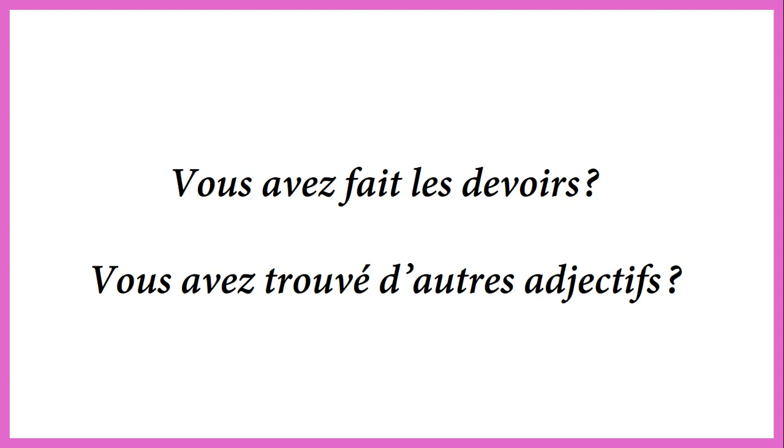I had also invited you to look up a couple of adjectives just to be able to make more and more sentences in French. So a quick reminder from what we discussed in lesson 1: we saw the structure of a short sentence in French, how we can add a subject, a verb, and an adjective.